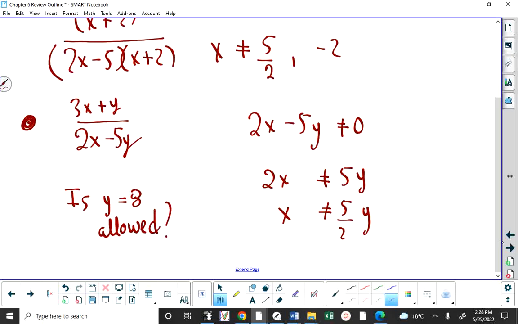So, for example, are we allowed to use y equals 8? How about this question instead? Are we always allowed to use y equals 8? When are we not allowed to use y equals 8?